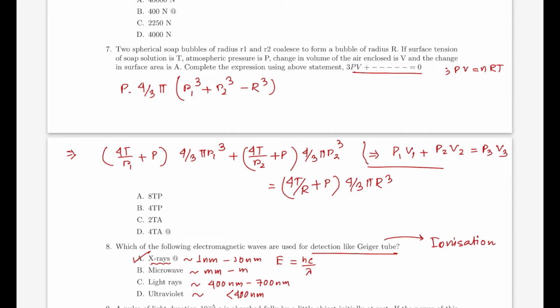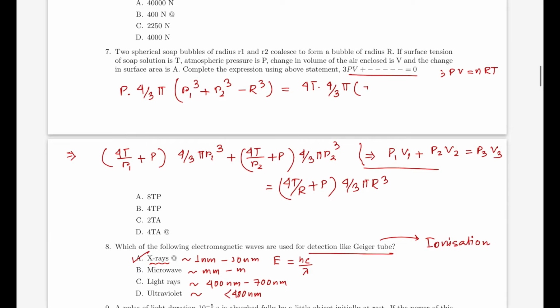And on the RHS, if you take common 4T into 4/3 pi, then R cube will cancel one R, so you have R square minus R2 square minus R1 square.